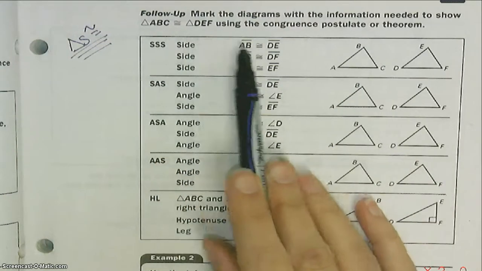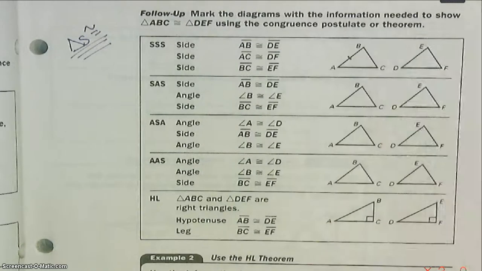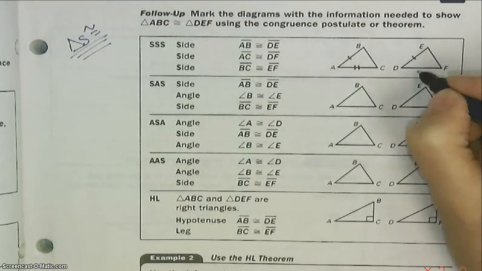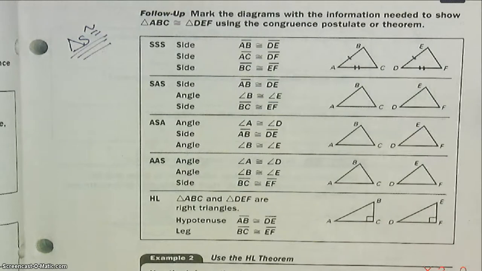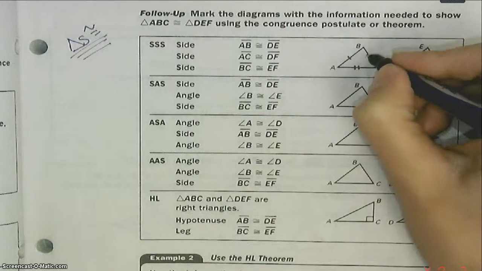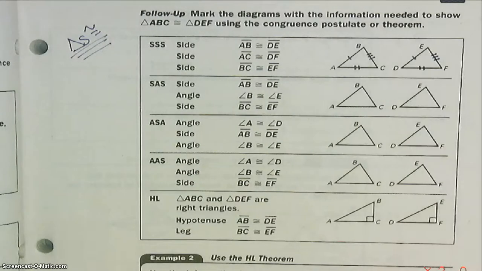Okay, so I need to mark my picture with side, side, side. So AB is equal to DE. There's one side. Another side is AC is equal to DF. Notice I'm using a double tick mark instead of a single, so I differentiate. BC, we'll use a triple tick mark on that, is equal to EF.